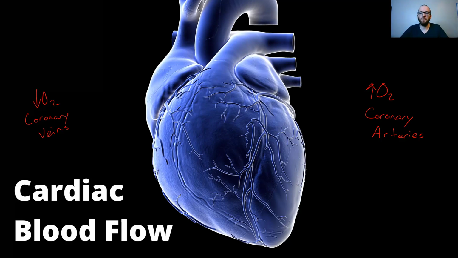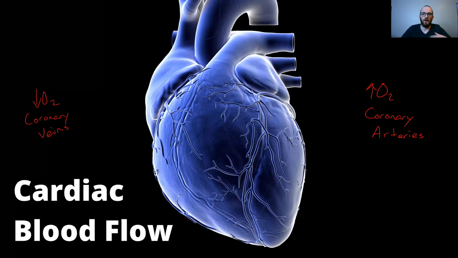And so what happens is the heart has been developed to protect itself first at all costs. So the heart is going to feed itself first before it feeds the rest of the body. It's going to send all that blood, all that oxygen out throughout the entire body, but it's going to prioritize itself first.